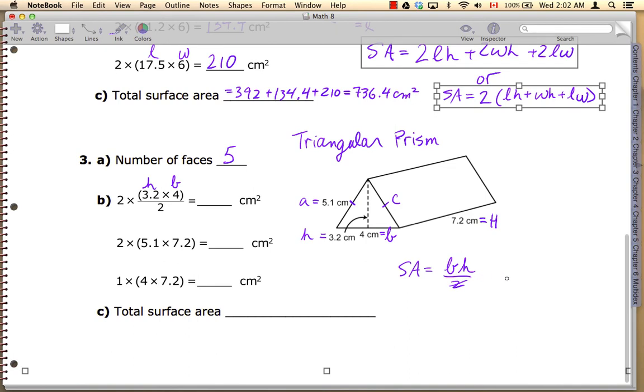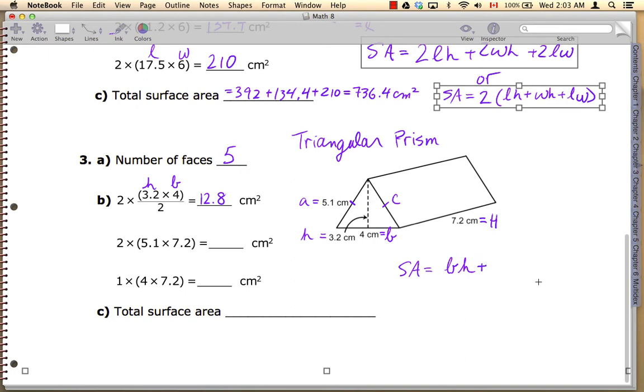So I'm just going to erase this and leave it out of the formula. When I do this calculation here, I get 12.8 square centimeters. And that covers, again, the front and the back, which are those triangular faces.